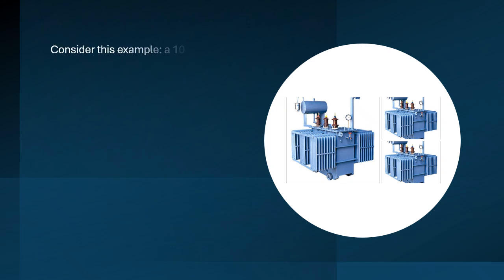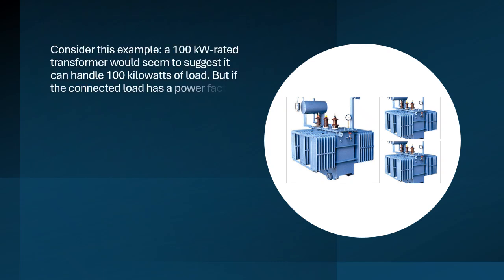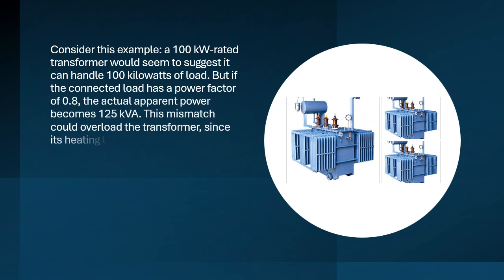A 100 kW rated transformer would seem to suggest it can handle 100 kilowatts of load. But if the connected load has a power factor of 0.8, the actual apparent power becomes 125 kVA. This mismatch could overload the transformer, since its heating limits might only accommodate 100 kVA.